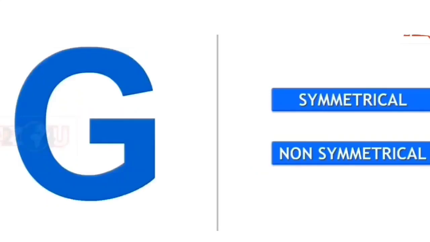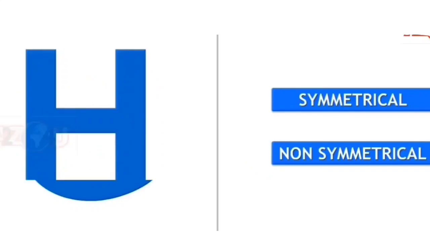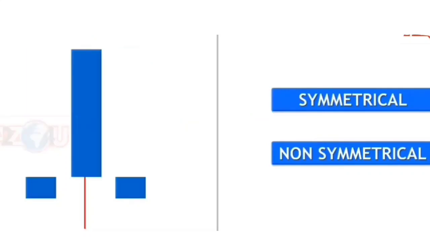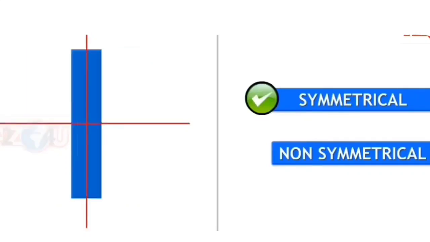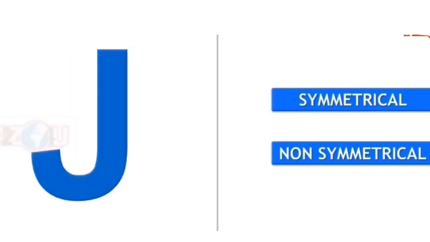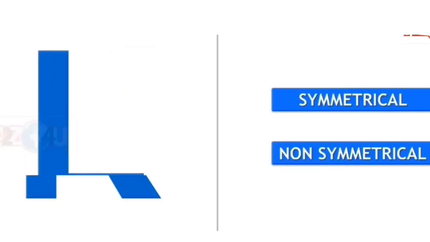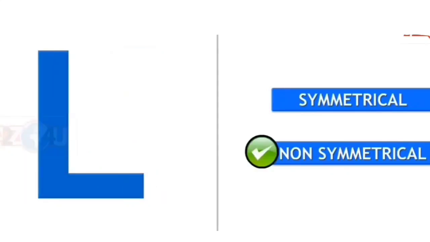Then G. Non-symmetrical. H. Symmetrical. And then I. Symmetrical. J. Non-symmetrical. K. Non-symmetrical. L. Non-symmetrical.